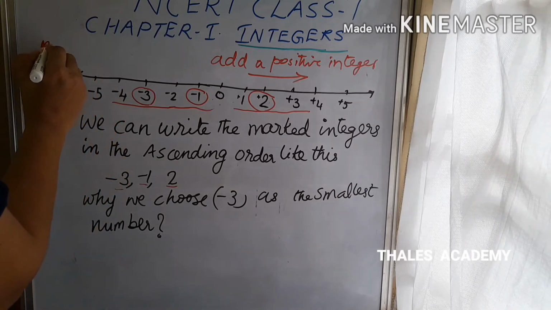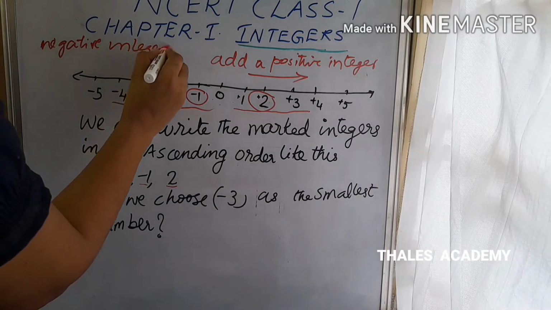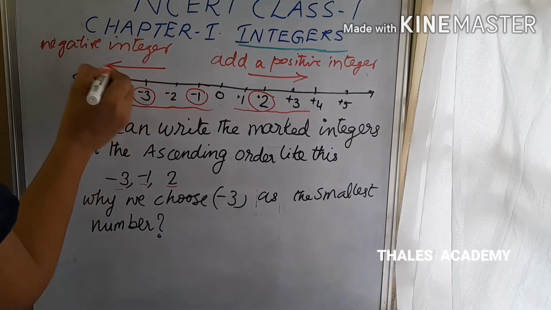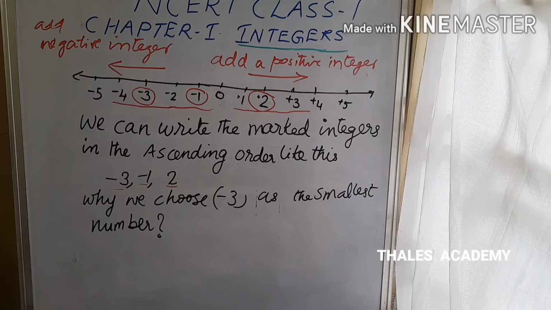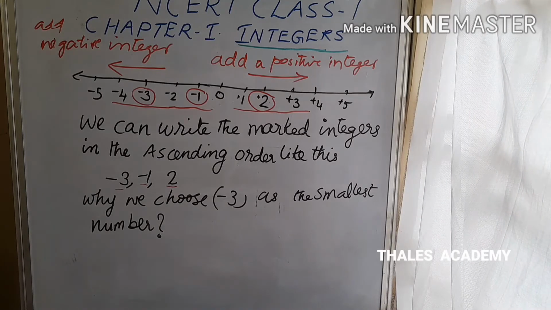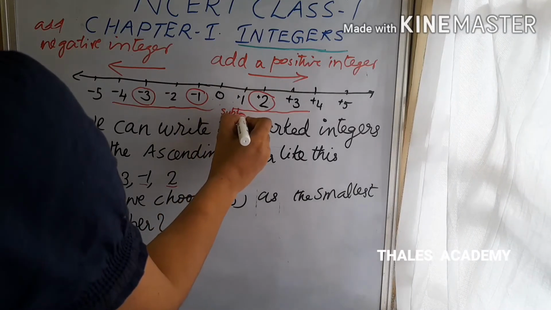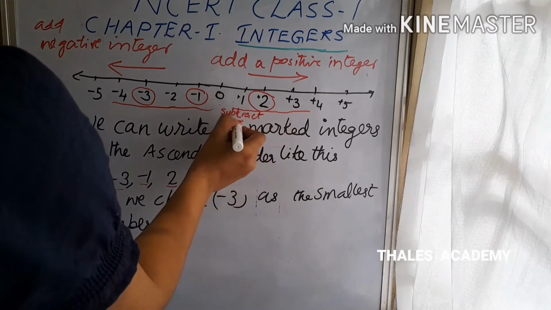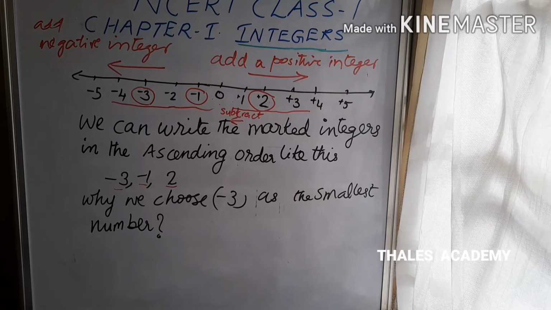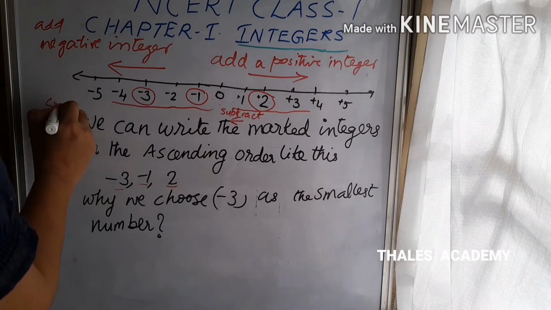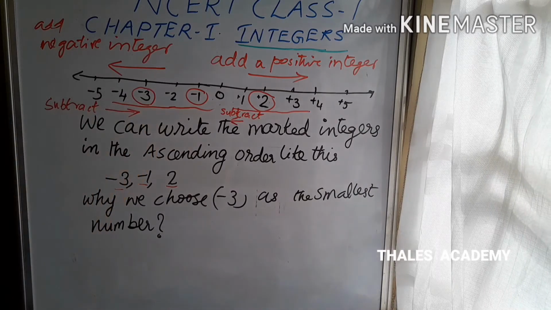If we subtract a positive integer, we move to the left. If we subtract a negative integer, we move to the right.